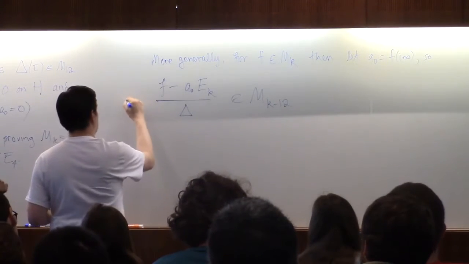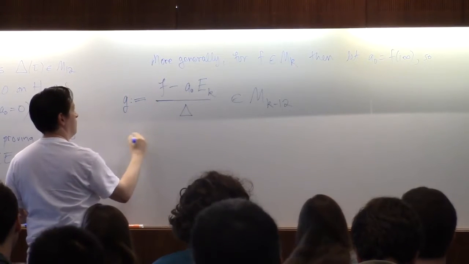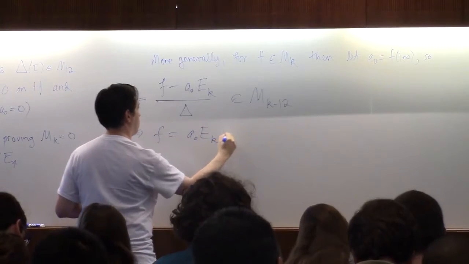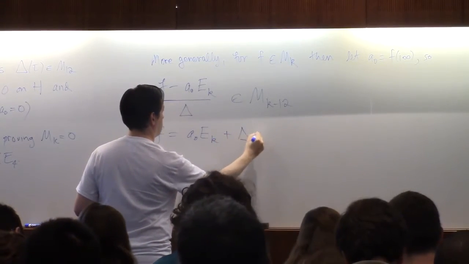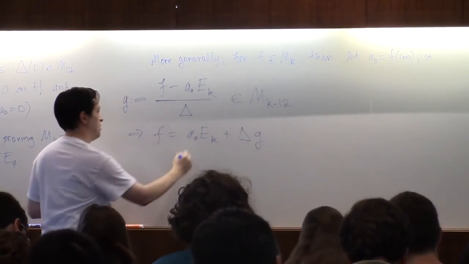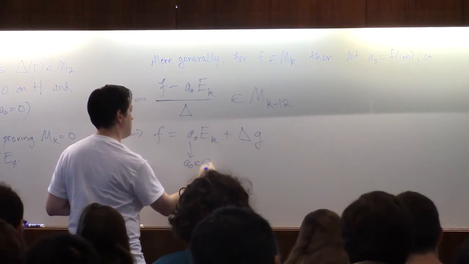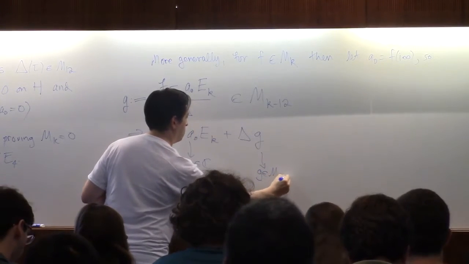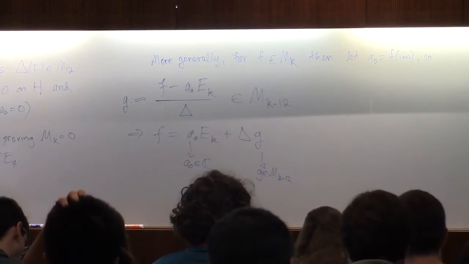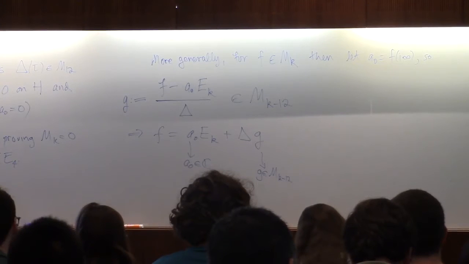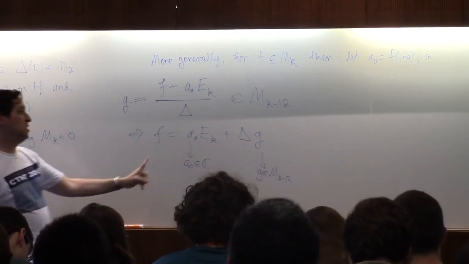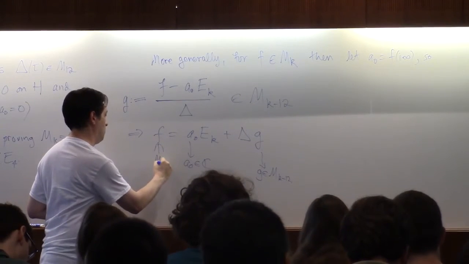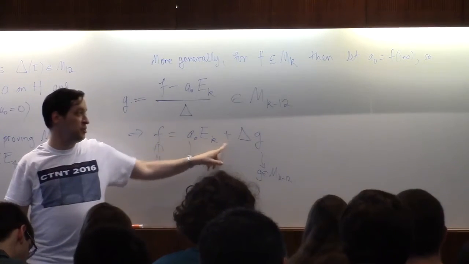If I call this G, then I see that any modular form of weight K can be written as a constant times EK plus the modular form of weight 12, delta, the special one, times G, where G is in M K minus 12. And this decomposition of a modular form of weight K is unique.